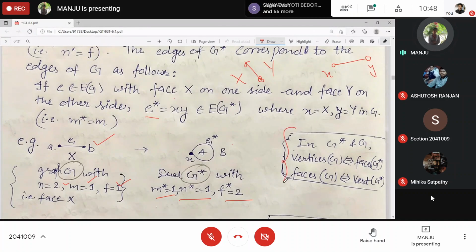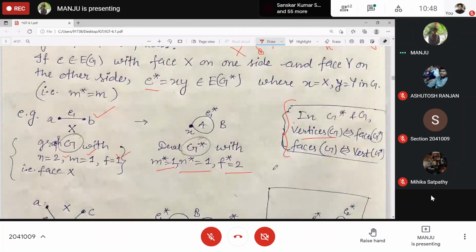So vertices become faces and faces become vertices. Hence n star will be f, f star will be equal to n, and m star will be m only.